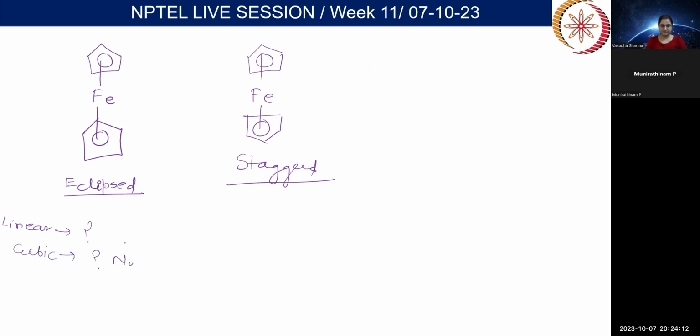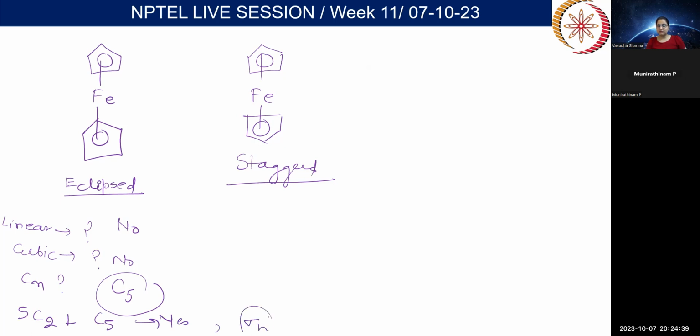No. Then we need to see whether Cn exists, what the principal rotation axis is. If we pass C5 through the center of these two rings and through the iron, C5 exists, and there would be a pentagon, that means a 72 degrees rotation. Then we need to see whether 5 C2s are there perpendicular to C5. Yes, it is present.